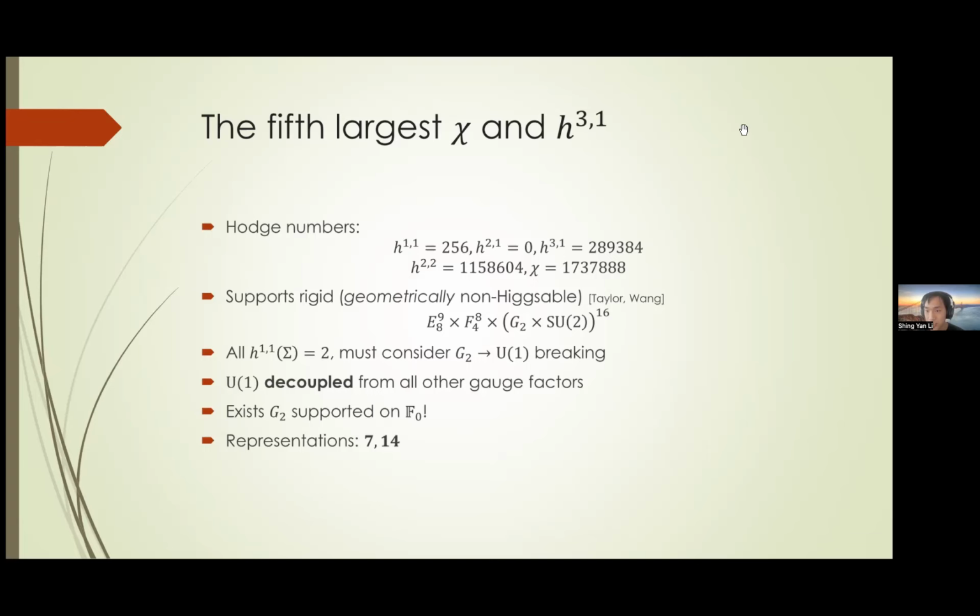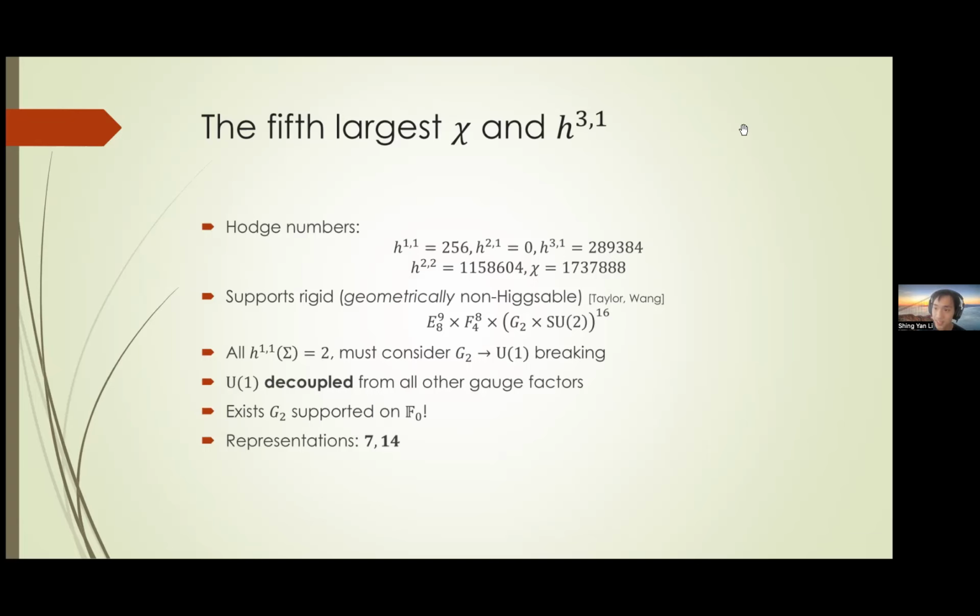So now, how do we get a U1 here? The only choice you have is a G2, which we break down to U1. So now we are forced to consider G2 gauge groups, which are non-ADE groups, as I said before. After that, we can get a U1 factor that is decoupled from all the other gauge group factors. The reason we are picking the 5th largest chi is that in that geometry, there exists a G2 supported on F0.